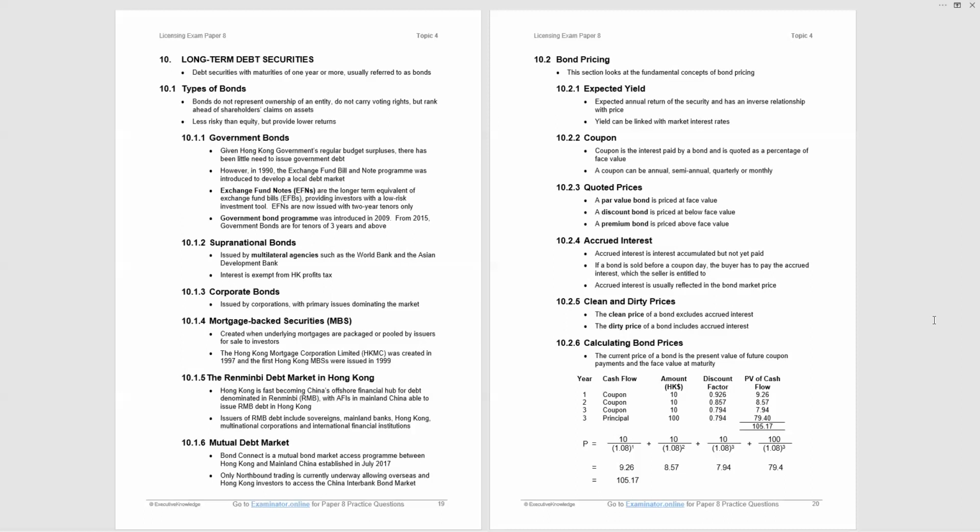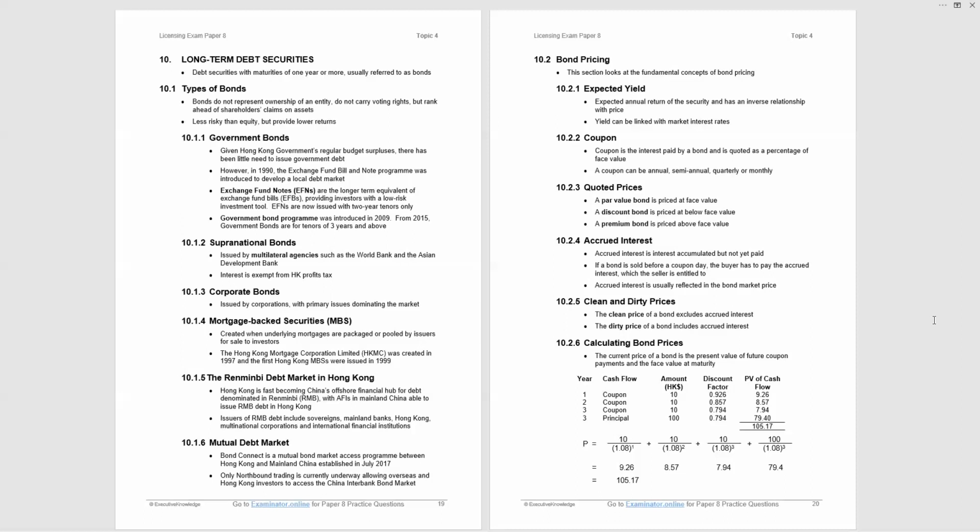And the accrued interest, while usually reflected in the bond market price, can be expressed without the interest. And when that happens, in 10.2.5, we refer to it as the clean price. So the clean price of a bond excludes accrued interest, but when the accrued interest is in there, we refer to it as the dirty price of the bond.